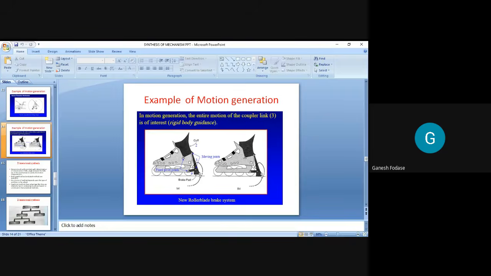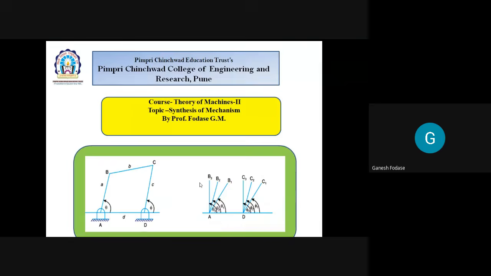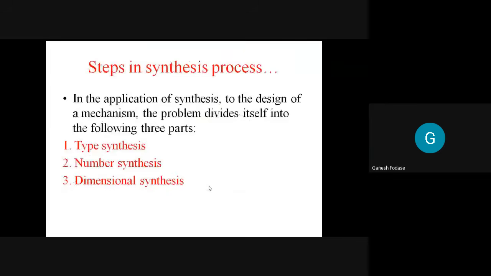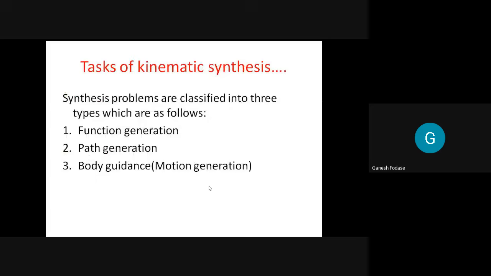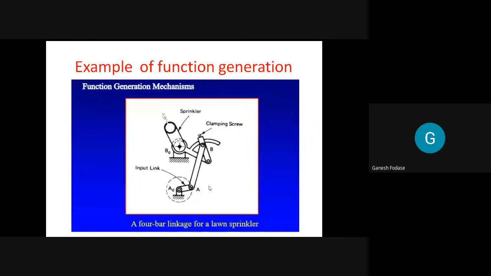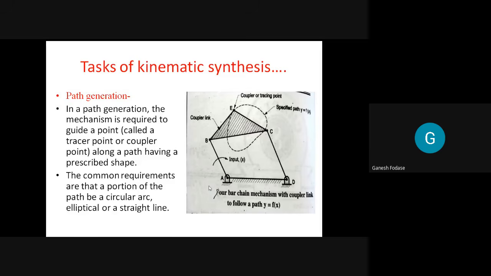Okay. So I just repeat what we discussed in brief. Today we discussed what is synthesis of mechanism, then steps in synthesis, 3 steps: type, number, and dimensional synthesis. After that, we discussed tasks of parameter synthesis. There are 3 tasks: function, path, and body guidance. After that, we talked about dimensional synthesis.